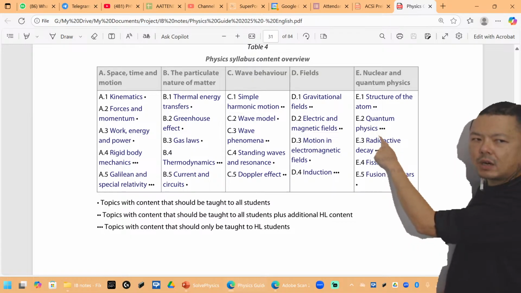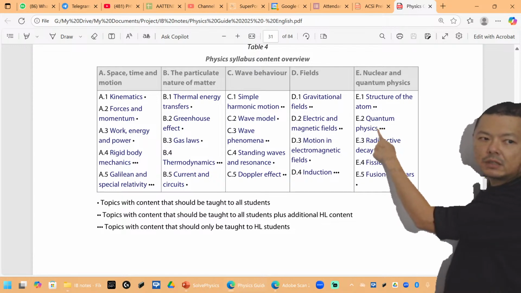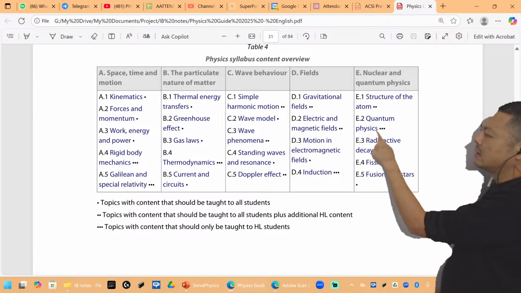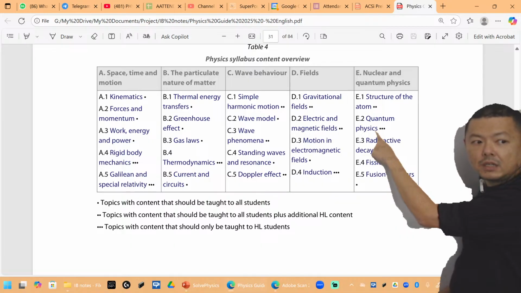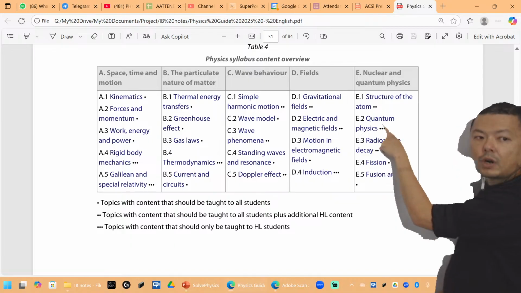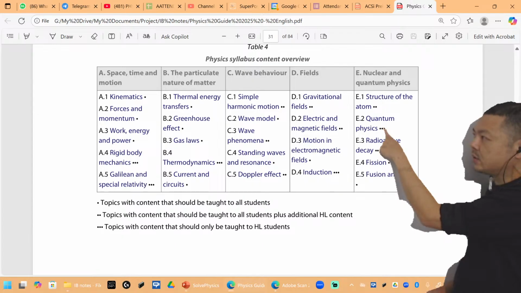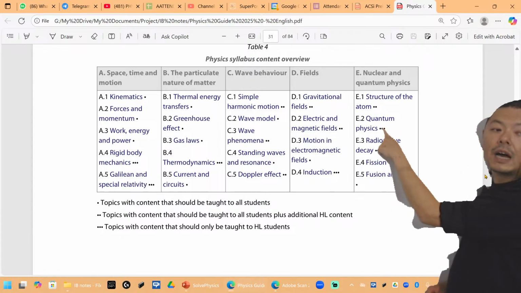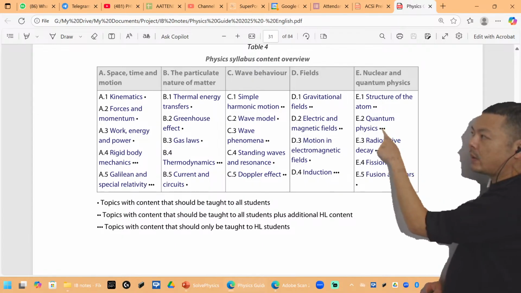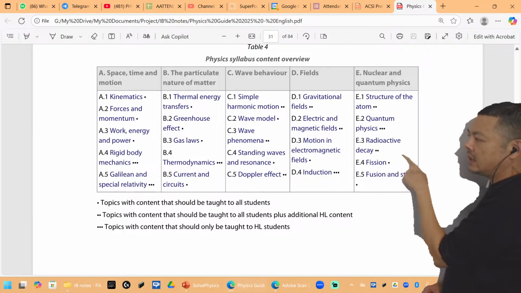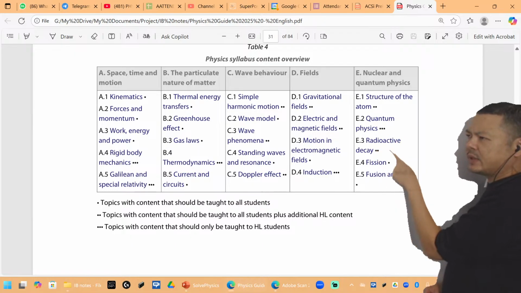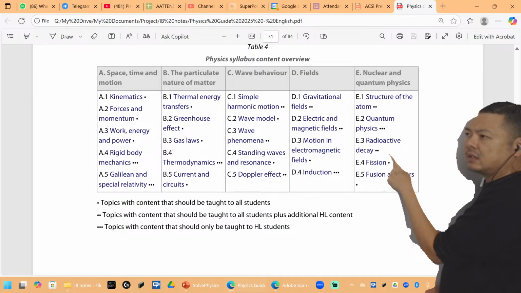Were you tested on Compton scattering in CT? Compton scattering didn't come out at all. Compton scattering is E2. Electron diffraction, wave particle duality, quantum physics there. Then we have radioactive decay, which is alpha, beta, gamma. This one is not too big an issue.